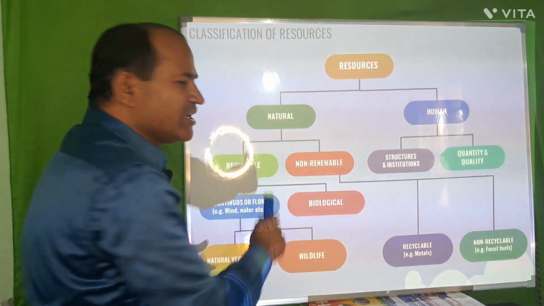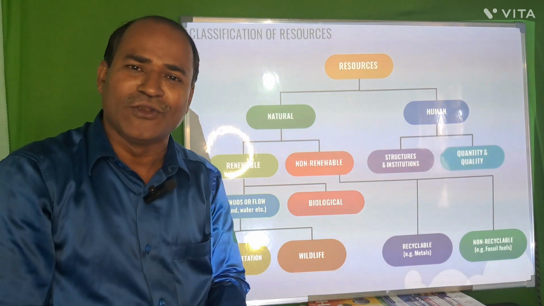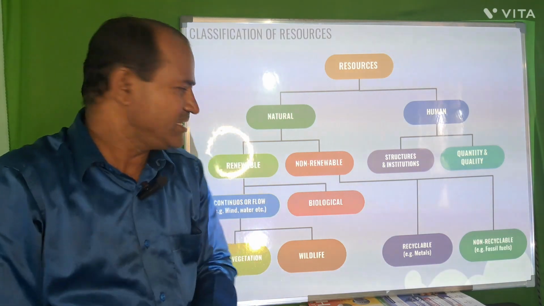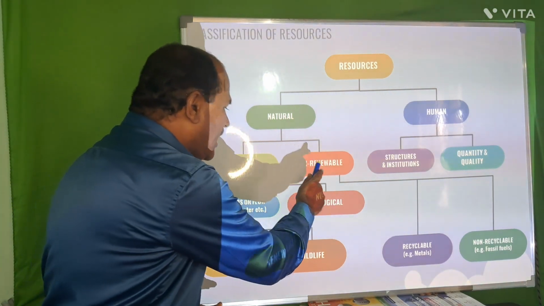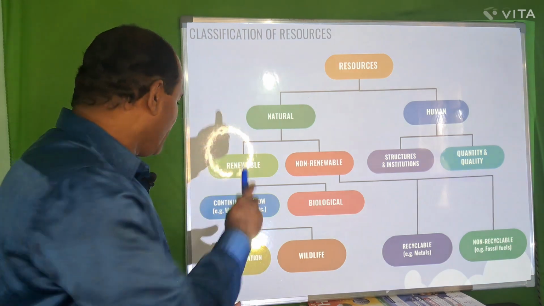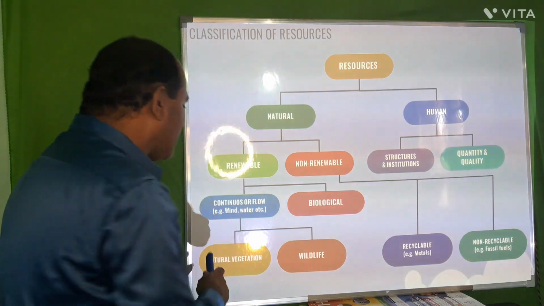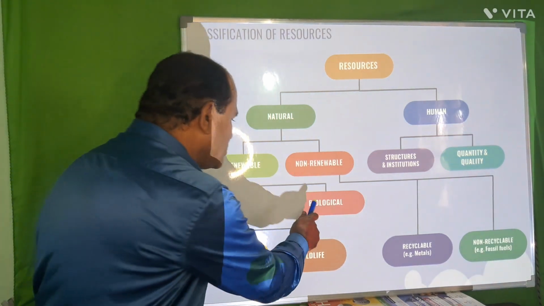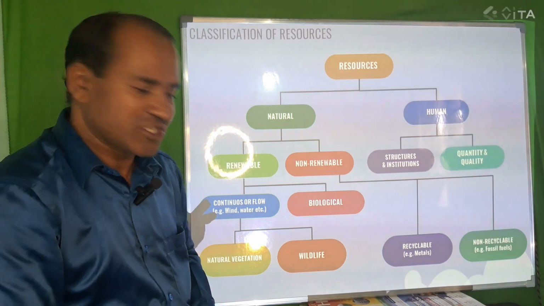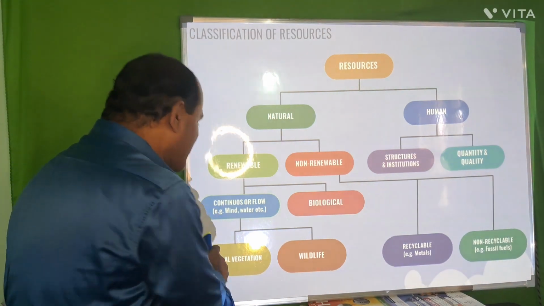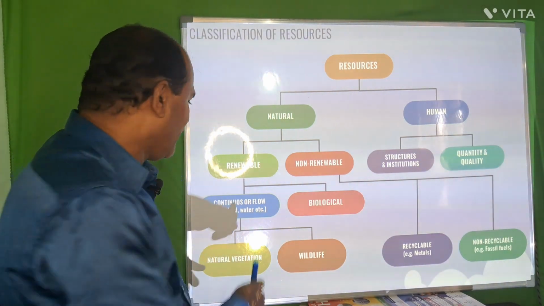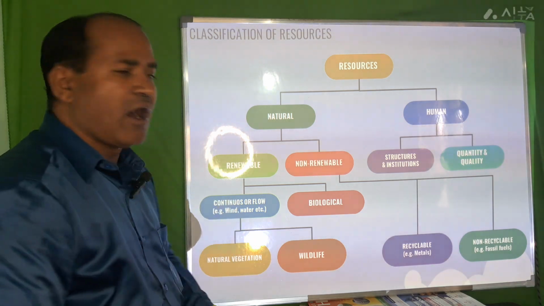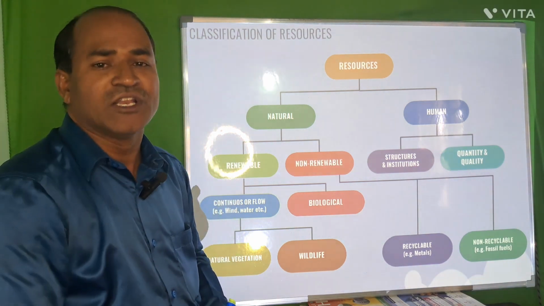Now, natural resources are also classified into two groups: renewable and non-renewable resources. They are continuous or flow resources and also biological resources. For example, natural vegetation and wildlife are continuous or flow natural resources.